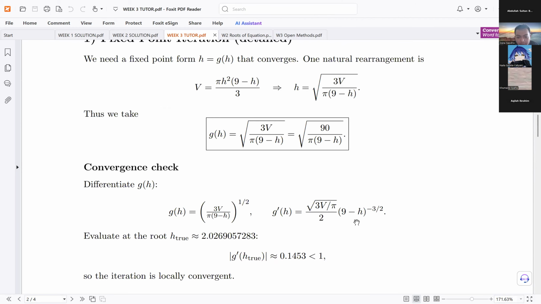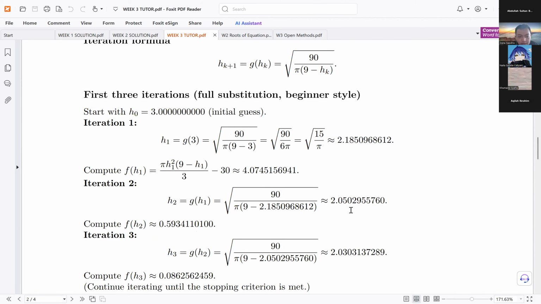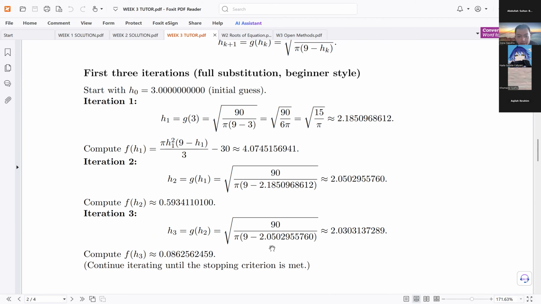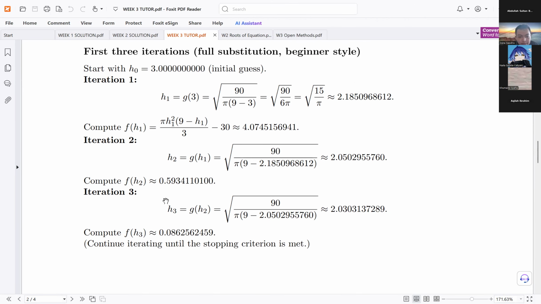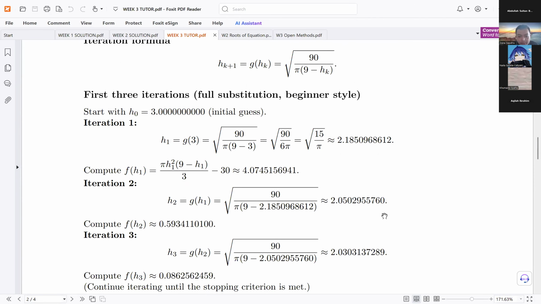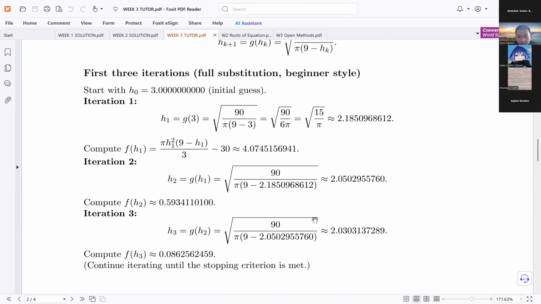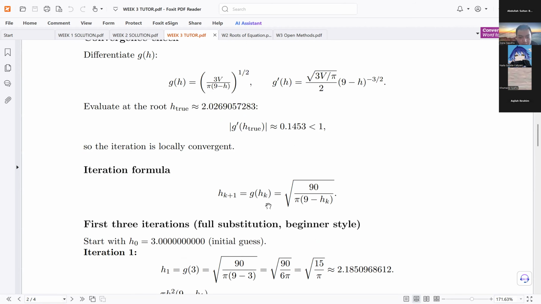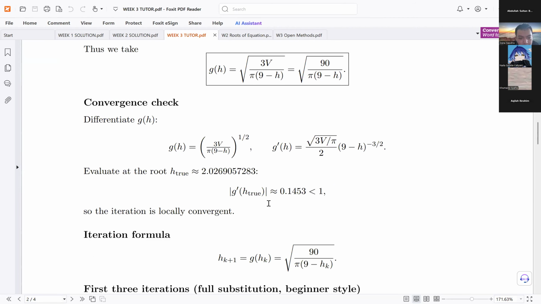We get an approximate value for the second iteration of 2.05, and then for the third iteration we use 2.05. This is the formula of h equal to something, but we already know this number, we use it in f of x, which is this one. Eh, wait, am I wrong? No, no, no.